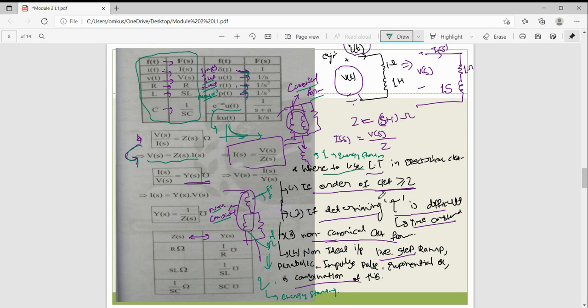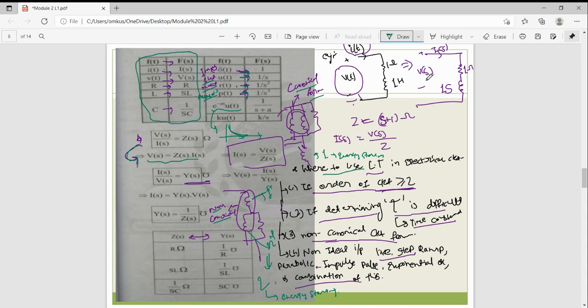If the order of the circuit is greater than 2, if determining the time constant is difficult, for non-canonical form circuits, and for non-ideal inputs like step, ramp, parabolic, impulse, exponential and combinations of them. Such circuits, where the Laplace transform is the best method for getting your solution. You can also use time domain analysis, but your solution will be lengthy and in some cases very difficult to solve. For example, in some cases calculating the time constant becomes quite difficult. So in that case we prefer to use the Laplace transform for finding the solution.